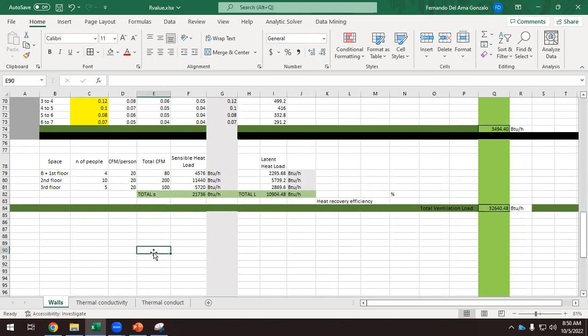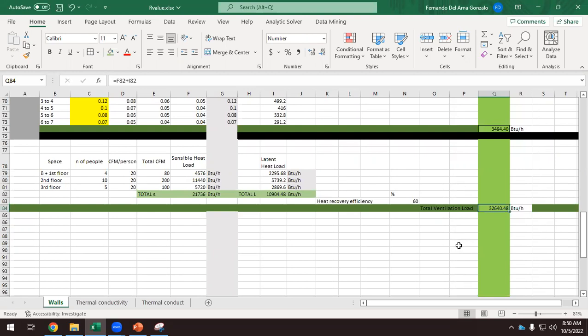And this has an efficiency of 60%. Okay, so we just type here 60%. And now this total ventilation load, we have to reduce this by 60%. So we recover 60% of that energy.